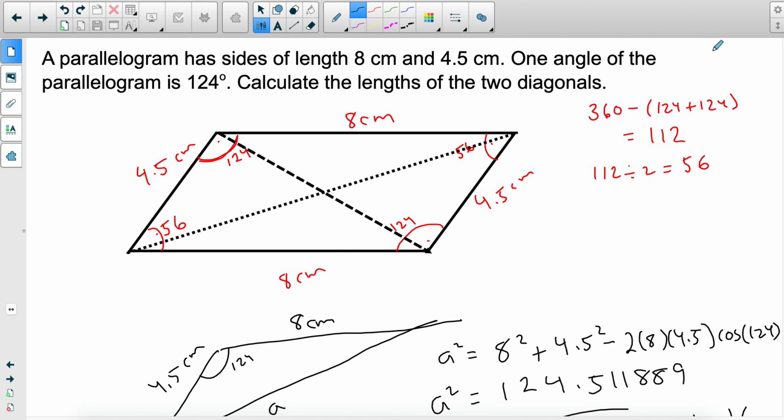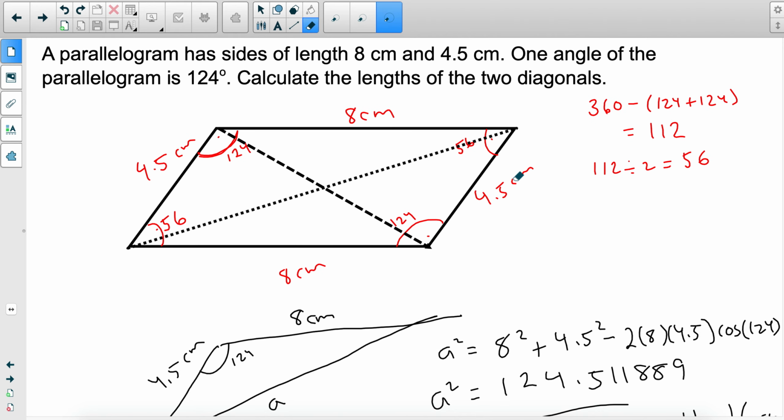And a rhombus is a parallelogram where all the lengths are equal. So if they all had 8, for example, or they all had 4.5, they have to be equal, so that when you divide it into diagonals, this will be 90 degrees. So it's not the situation here. So be careful about any assumptions that you make when it comes to angle lengths or dividing a shape.